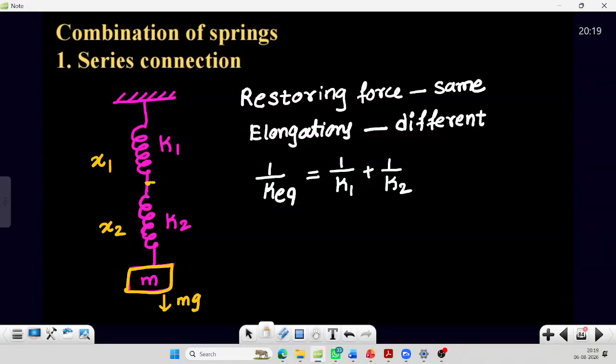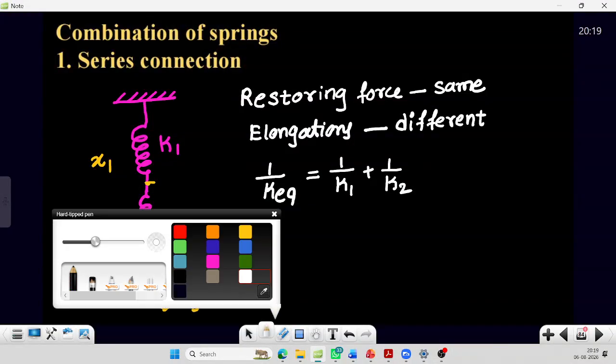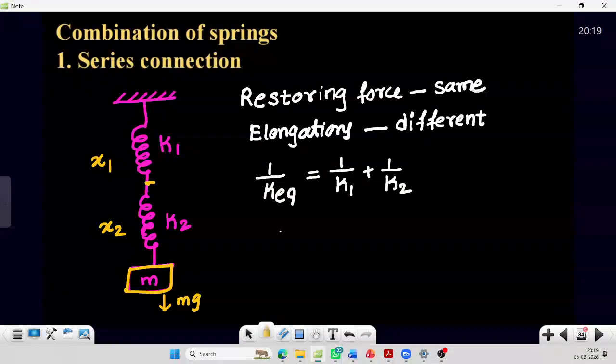Here, how many springs have we connected? Two springs. If three springs are connected, then plus 1 by K3, 1 by K4, like that it will extend. So after getting this, the two springs we can replace with a single spring, as the equivalent of this whole part.